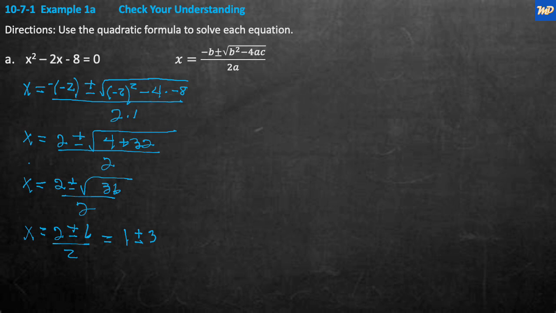So x is going to be equal to 1 plus 3 equals 4, or x will equal 1 minus 3, which equals 2.